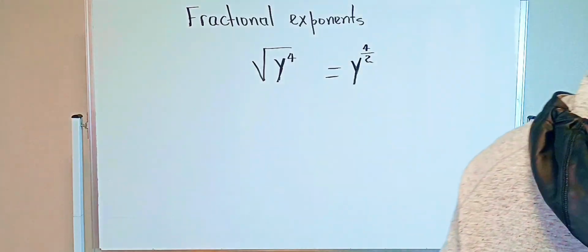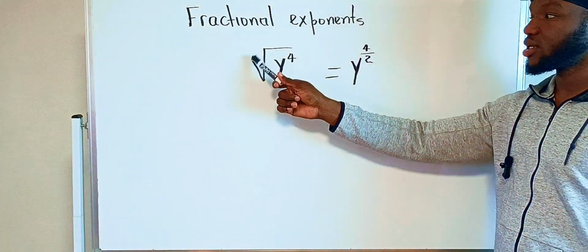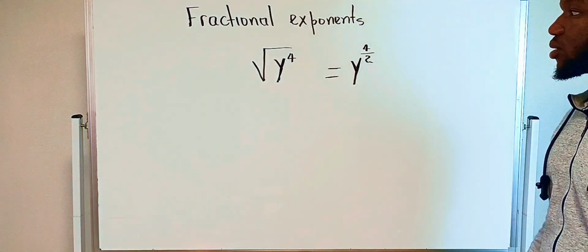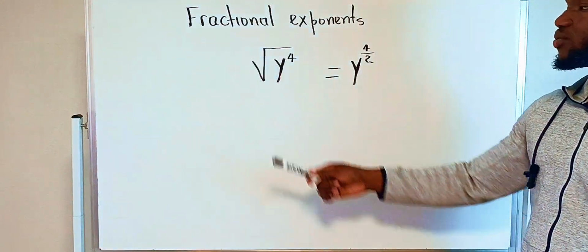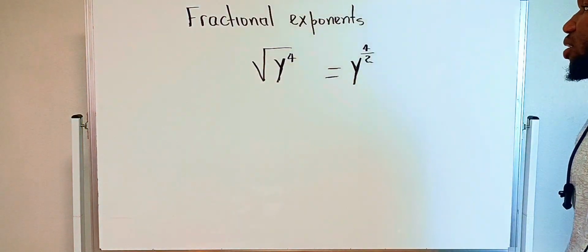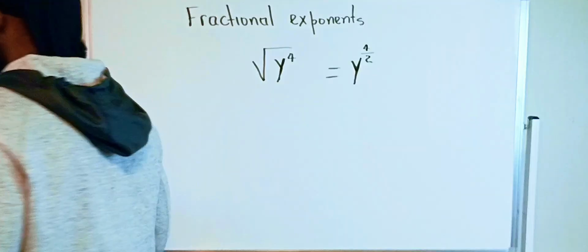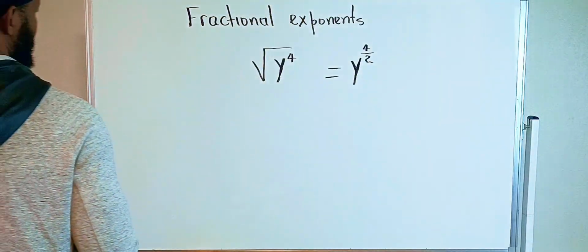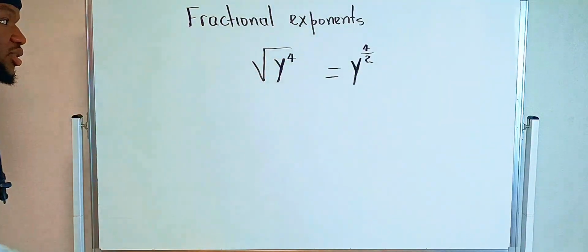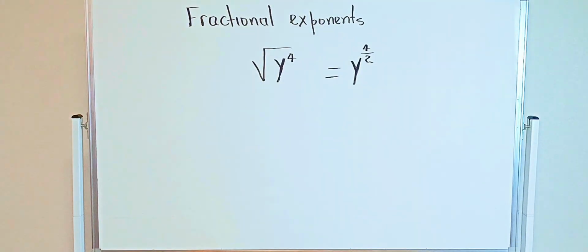This is exactly how you will write this. That means the index over here, since you don't see anything, is a 2, because it's the square root. The 2, the index, is gonna be the exponent denominator, and the exponent of the radicand is gonna be the exponent numerator.